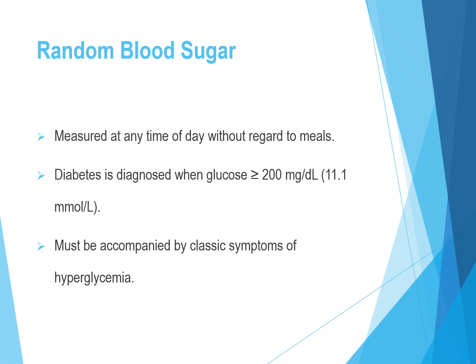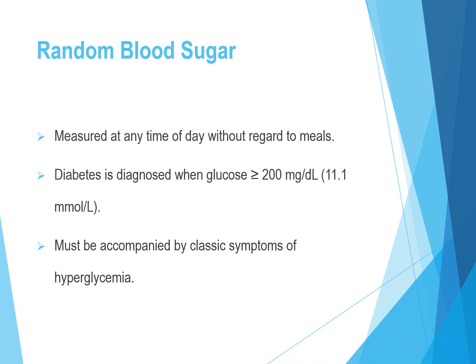You may ask, why do we require symptoms for diagnosis with a random glucose test? Without accompanying symptoms, a single high random glucose value may reflect recent meals, stress, infection, or laboratory errors. The presence of classic symptoms increases the specificity of the test, reducing the likelihood of misdiagnosis. Let's consider a laboratory-based example.